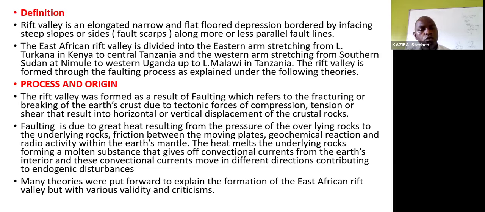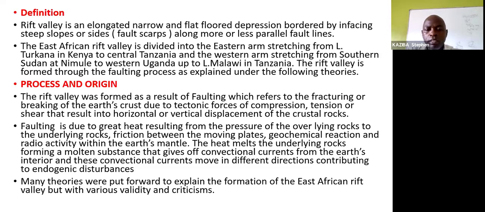Then you talk about diverging convective currents. When they diverge, they create tensional forces. Then when they converge, they create compressional forces. When they try to rise, they create differential uplift. And when they sink back in the center, they create relative sinking.